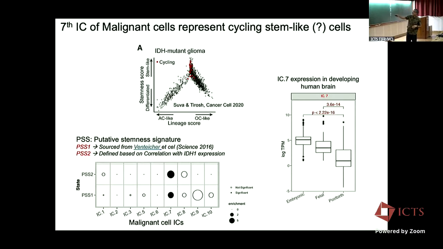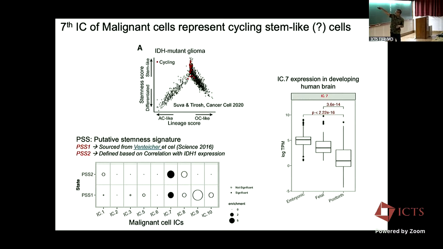So first thing we do, we go to an older data set where they show the differentiation of cells in the glioma, and our cells indeed map here, which is the progenitor cycling cells. We explicitly make gene signatures of putative stem cell signature from various sources, and again show that our IC7 cleanly maps to those.